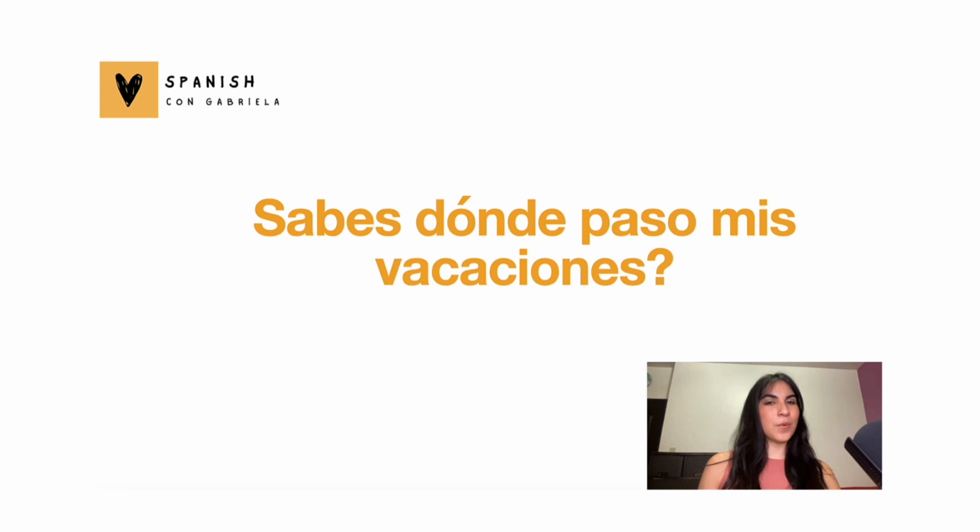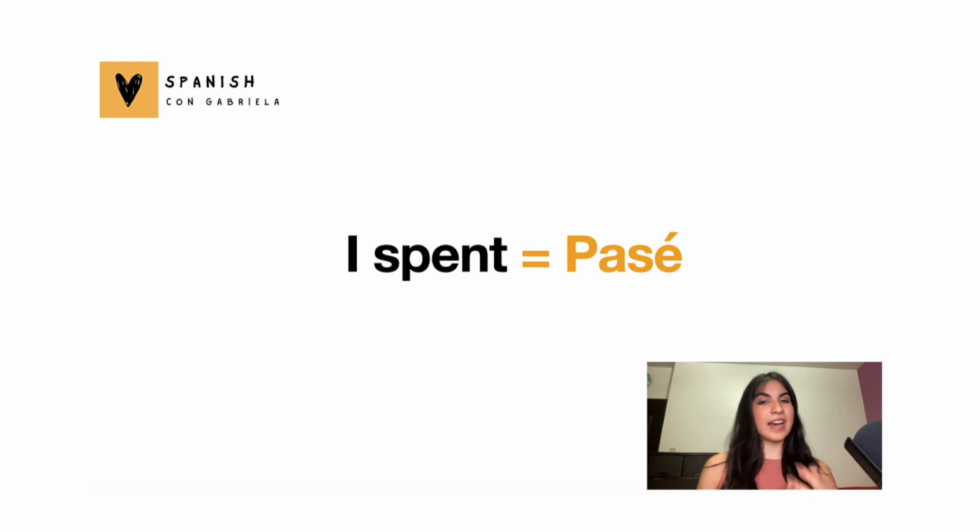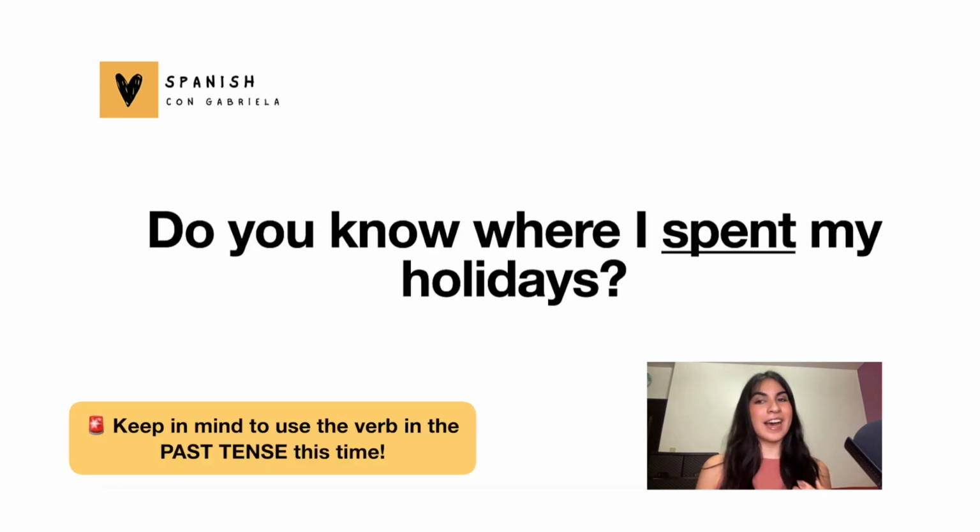And now, what if you want to say this same sentence, but in the past tense? The way you say I spent in the past tense is pasé, pasé, all right? So how would you say this time, do you know where I spent my holidays?